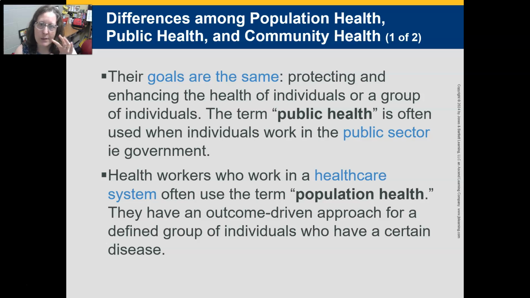So like what the CDC does to educate, even though we're educating the population about diseases and prevention, is public health because it's funded by the government. Okay. Health workers who work in a healthcare system often use the term population health. They have usually an outcome-driven approach for a defined group of individuals who have a certain disease.